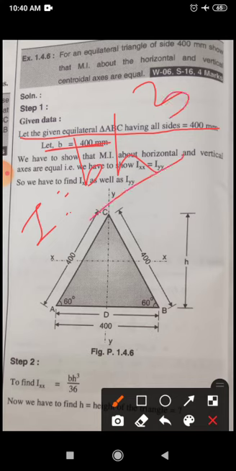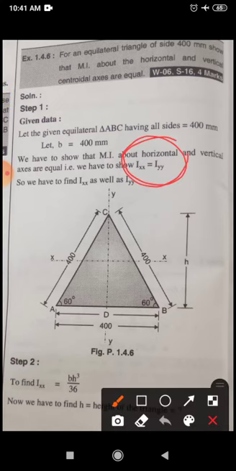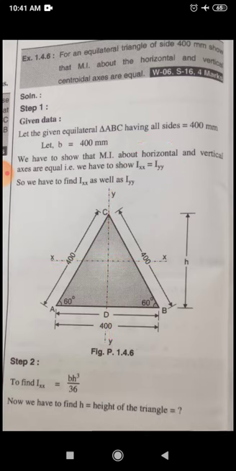For equilateral and isosceles triangles we have seen those formulas. Remember that. We have to show that about the horizontal and vertical axes, Ixx is equal to Iyy. This is the x axis and this is the y axis. We have to show that both moments of inertia are the same.